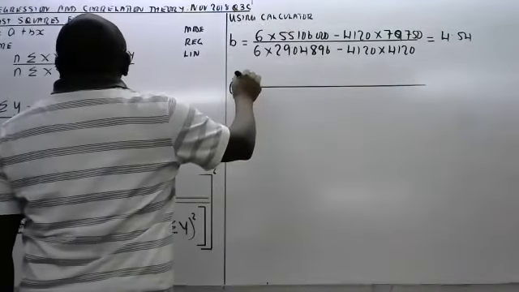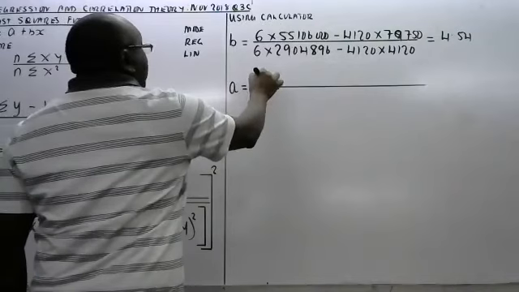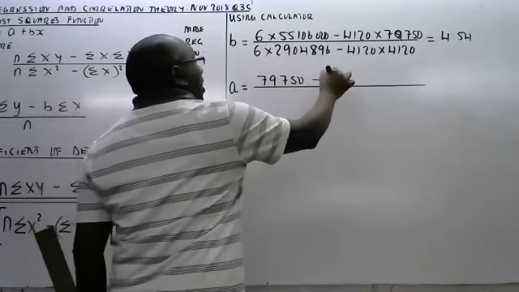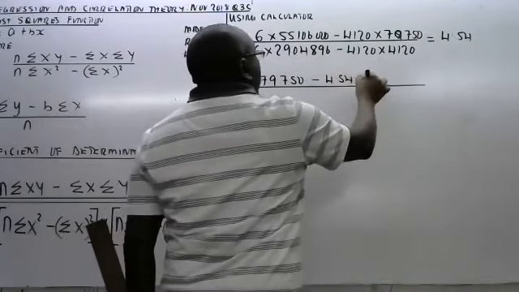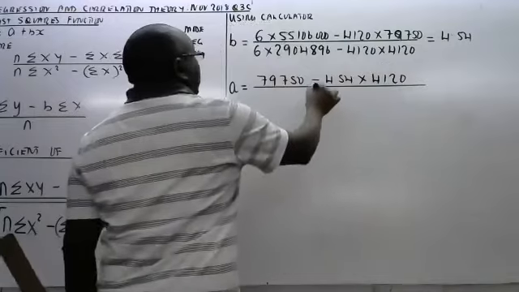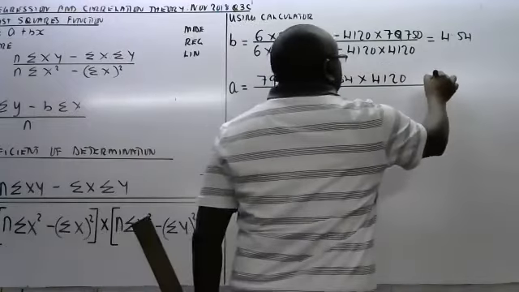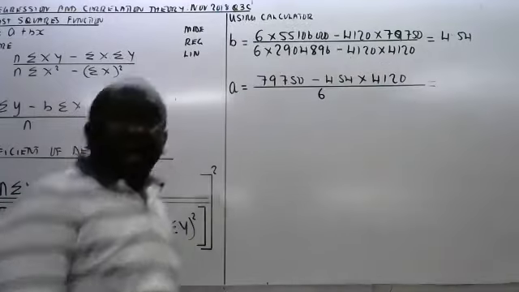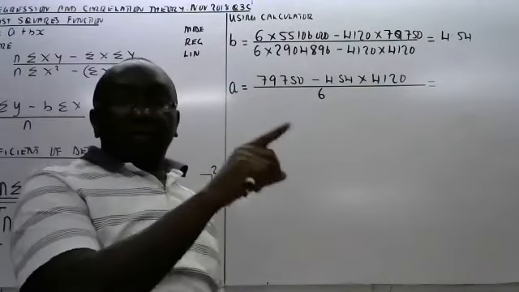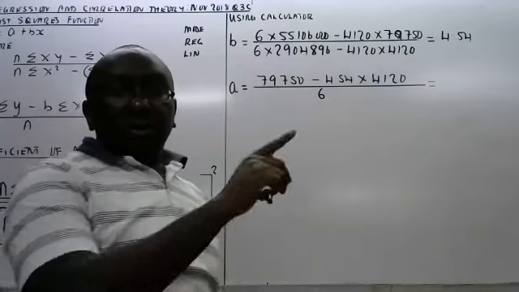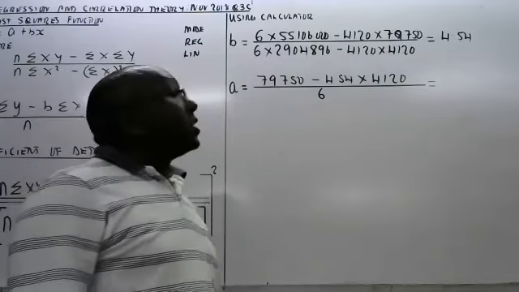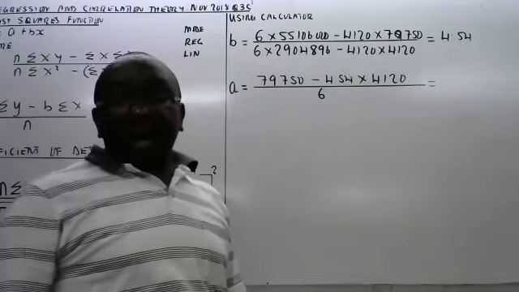Sum of y is 79,750 minus 4.54 times sum of x, 4120, you divide by 6. So go to the calc and quickly send me the answer. Shift, button number 2. You page forward to where there is A and give me the answer.